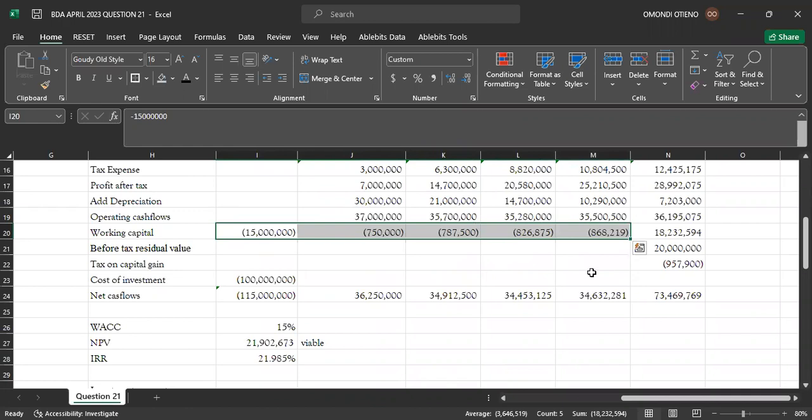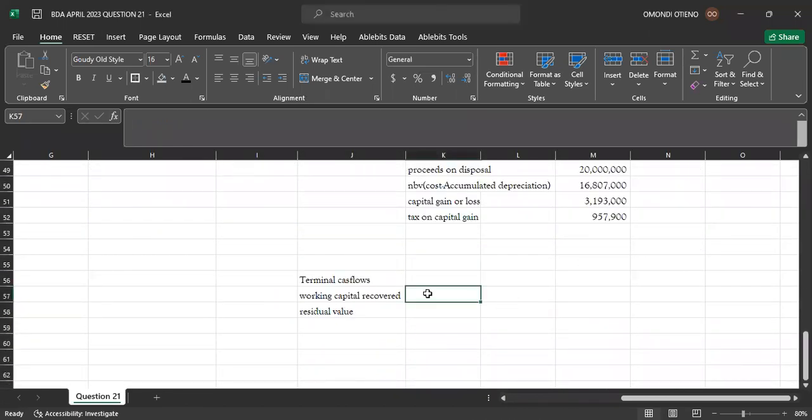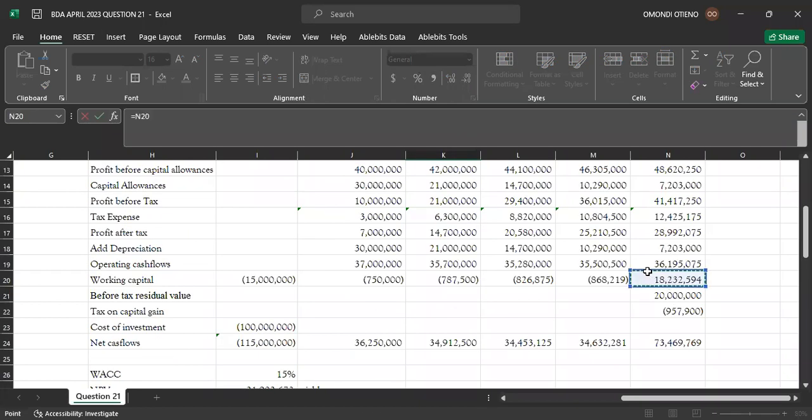This is the summation: 18,032,594. All this we are going to recover in year 5. It becomes our terminal cash inflow. I bring it here. This is what we are recovering.